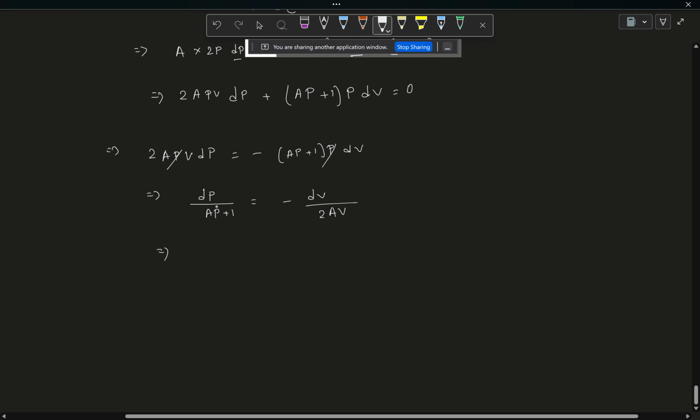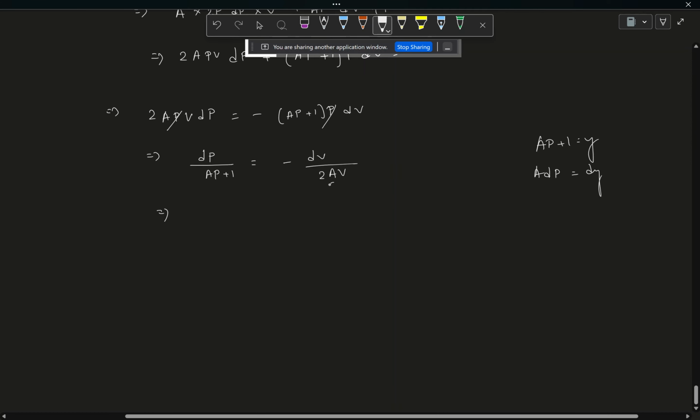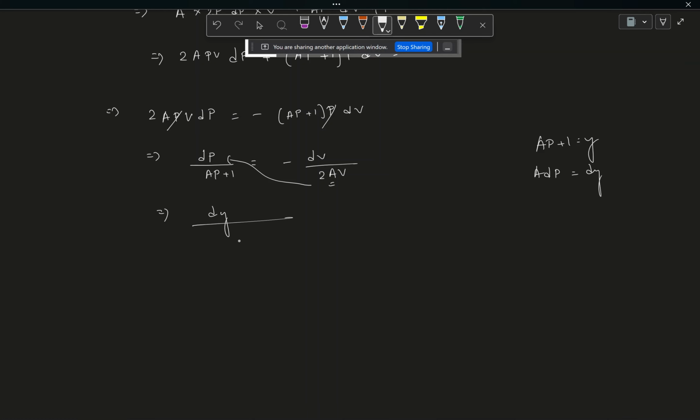Now because this is A p plus 1, we can consider A p plus 1 equal to y, or A dp equal to dy. So you can take this A to this side, so this becomes A dp. Now you write this as dy by y equal to minus dv by 2v.